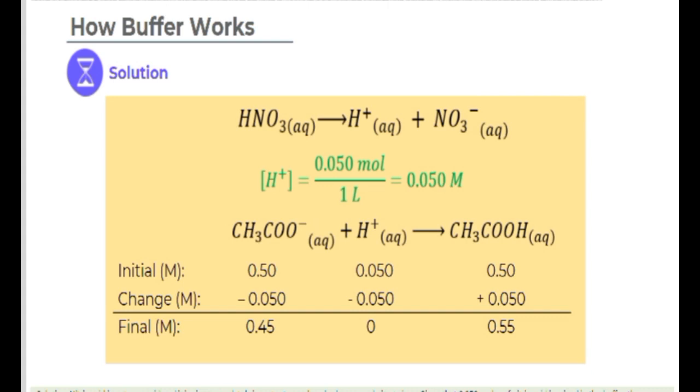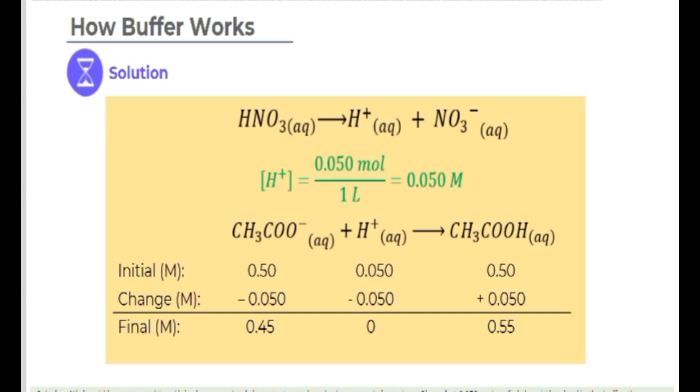The concentration of hydrogen ion is calculated by dividing the number of moles, 0.050 moles, by the volume of the buffer, 1 liter. The answer is 0.050 molar. Next, determine the concentrations of acetate ion and acetic acid upon addition of the strong acid.